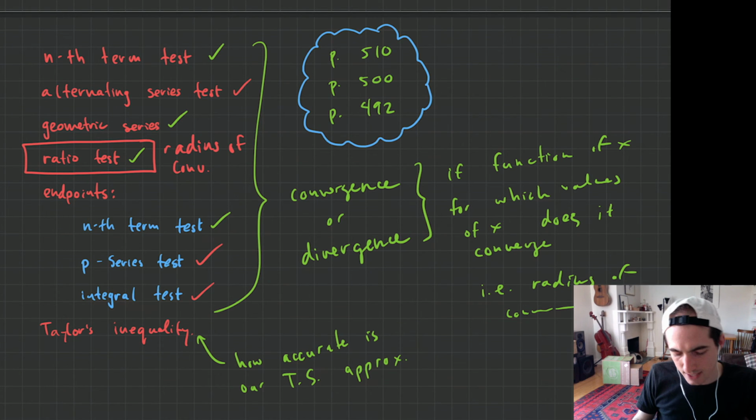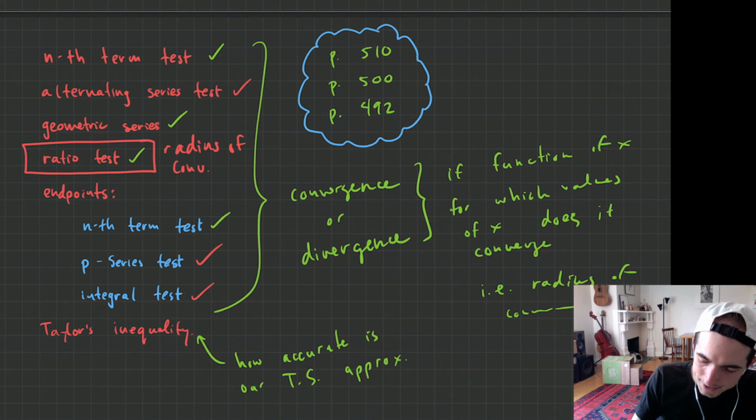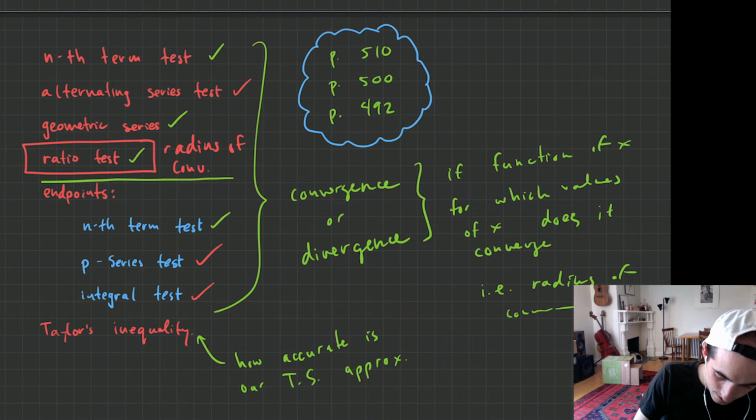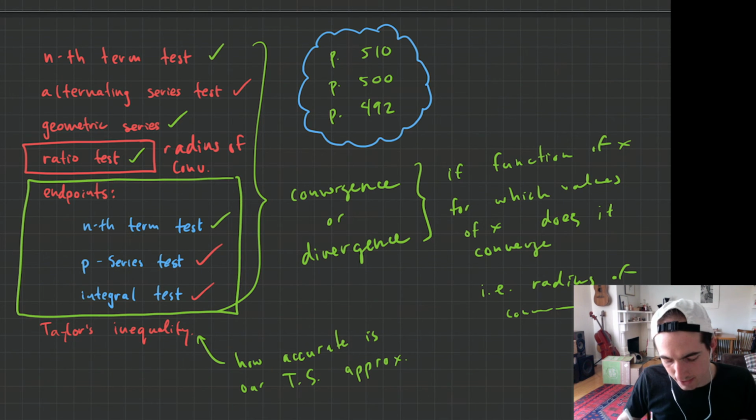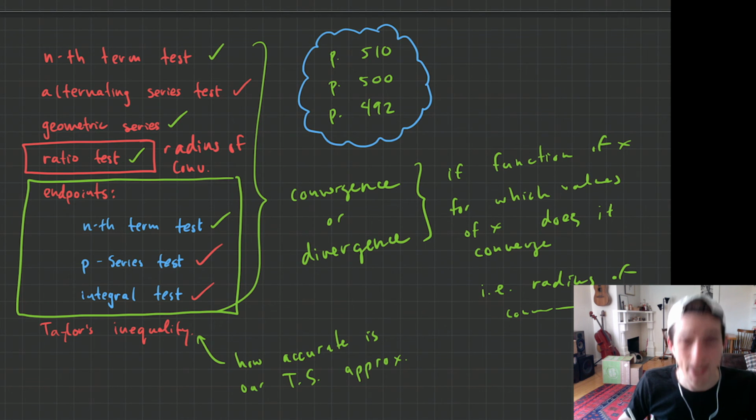That's the gold standard for finding the radius of convergence. When it comes to the endpoints, however, this is where we're going to be using the nth term test, the p-series test, and the integral test. So the tests that I just showed you, especially the p-series test and the integral test, we're going to be using with respect to the endpoints.